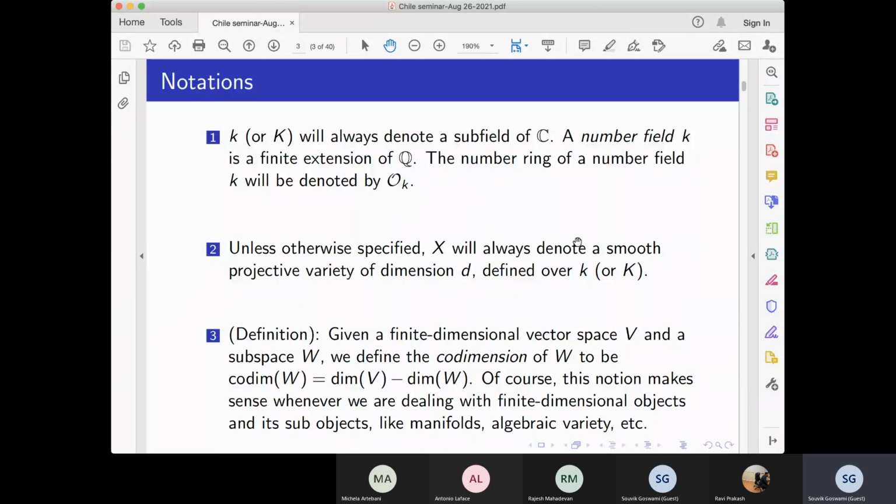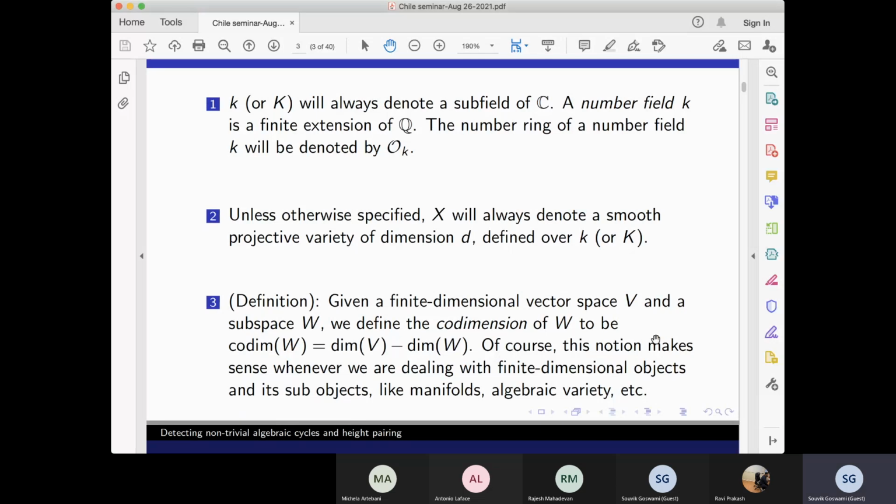If we don't specify otherwise, X will always denote a smooth and projective variety. I have to start at some base point, so I assume that everybody has some knowledge of this, or at least what manifolds are. If you are not very comfortable with a smooth projective variety, just think of compact complex manifolds. That will more or less give you an idea of what's going on.